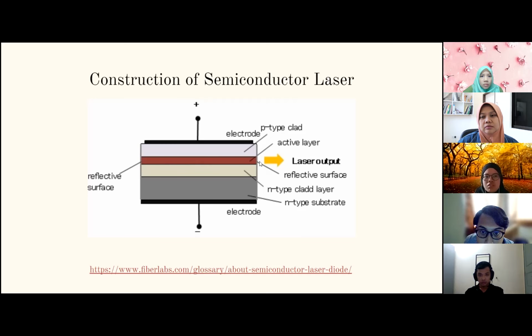This is also one of the characteristics of laser light: it is brighter and more focused compared to LED light.